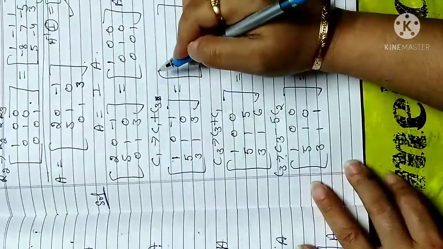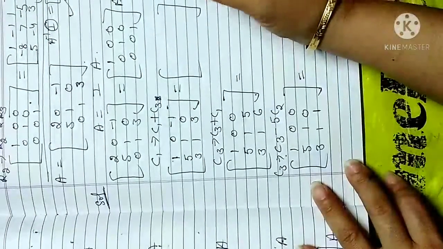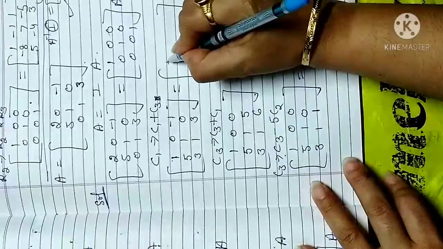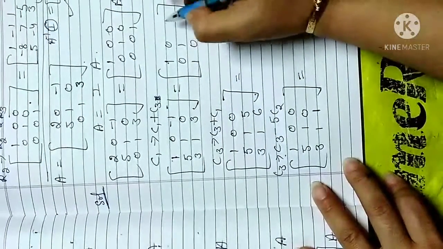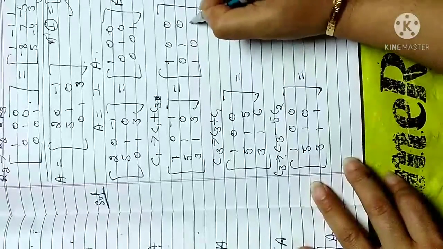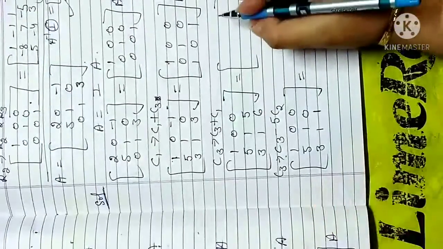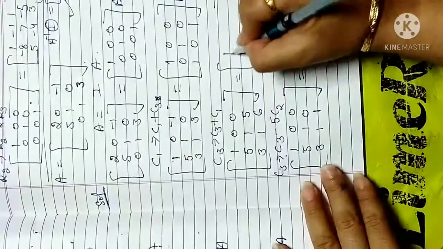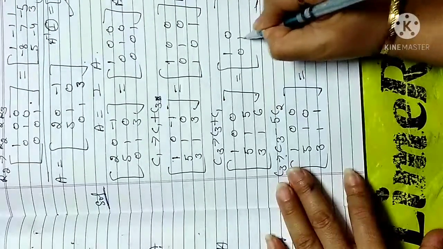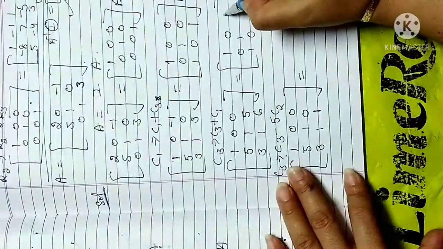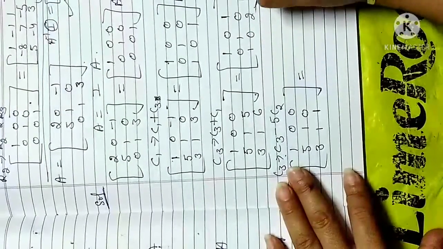So if I apply column 1 plus column 3, column 1 plus column 3, so that gives me, because changes is only in column 1, so other columns will be same as it is, 0 0 1. Okay, so next was column 3 plus column 1, so that gives me 1 0, because only changes in column 3, so other two columns written as it is, column 3 plus column 1, so 1 0 2.